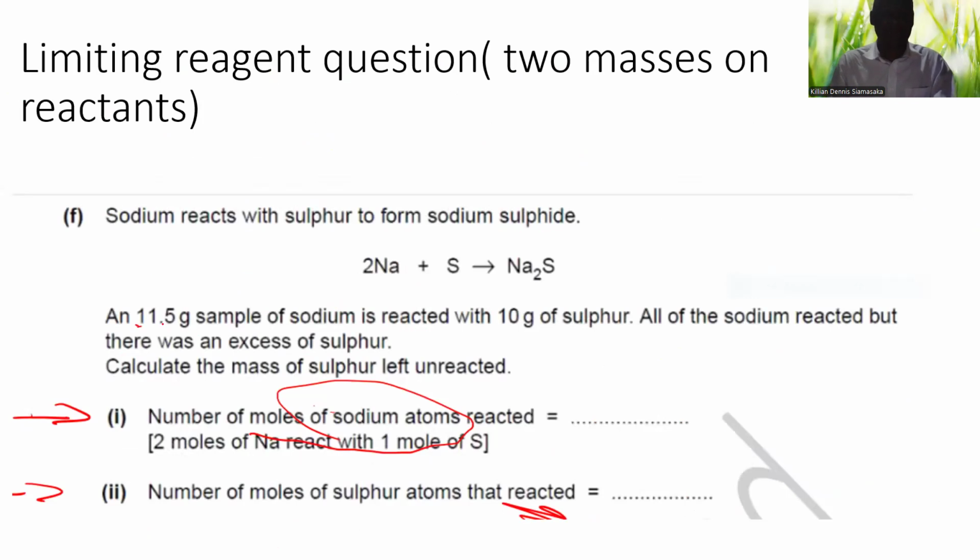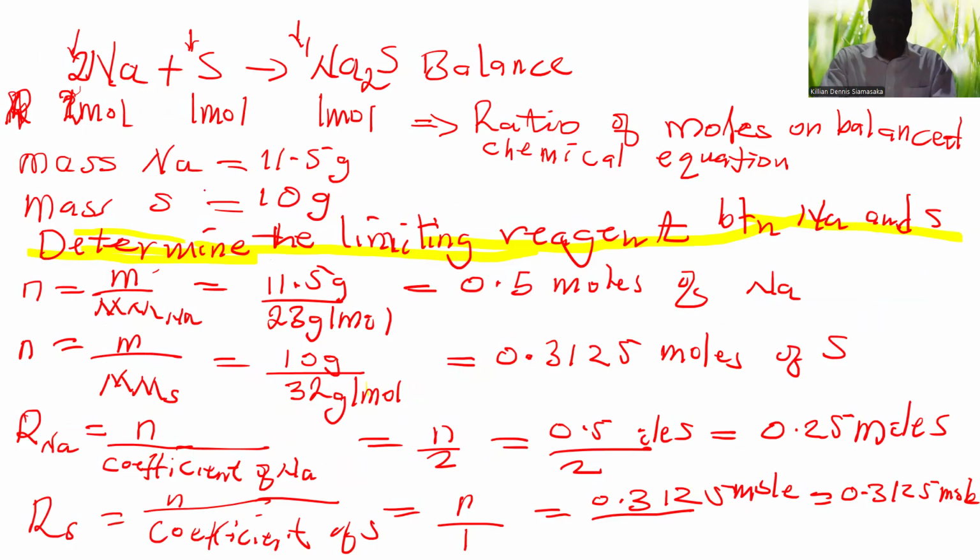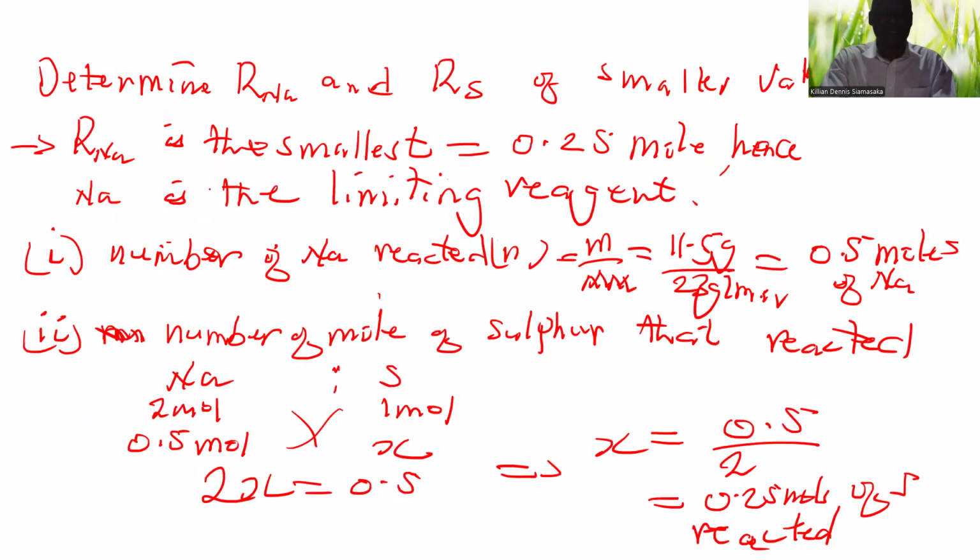Since there are two masses for the reactants, the mass for sodium and the mass for sulfur, you get a limiting reactant. One will be consumed earlier than the other. And this is the calculation, and then it continues with how to determine the limiting reactants.